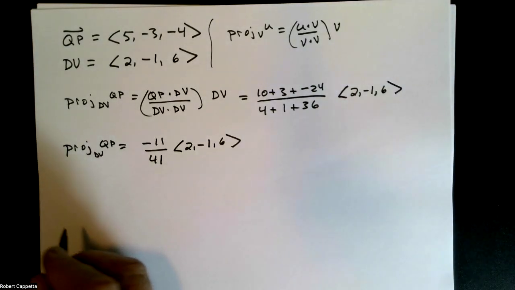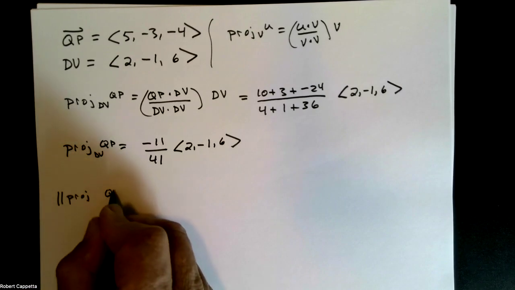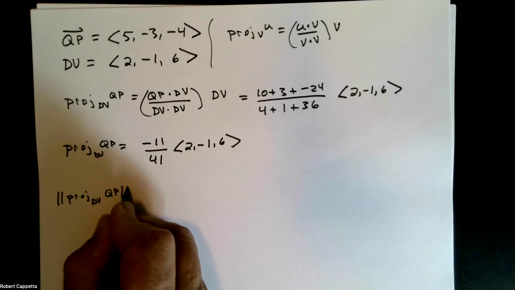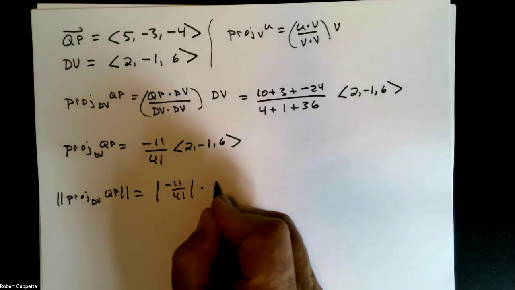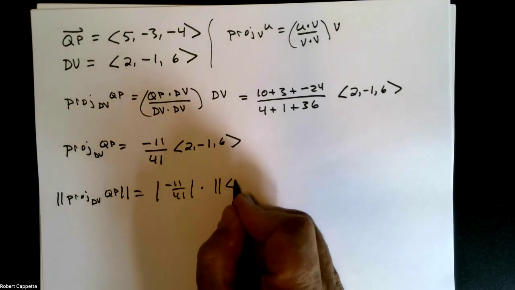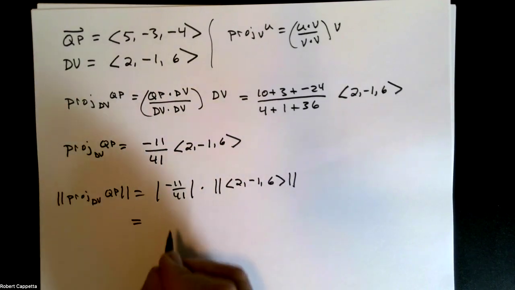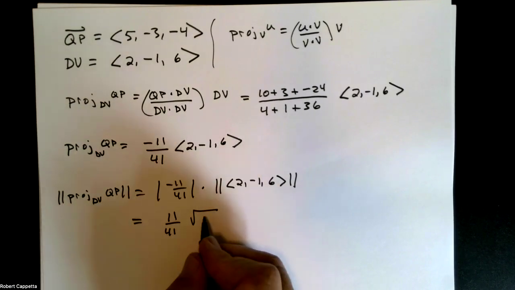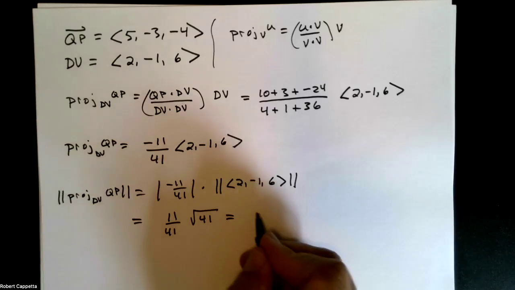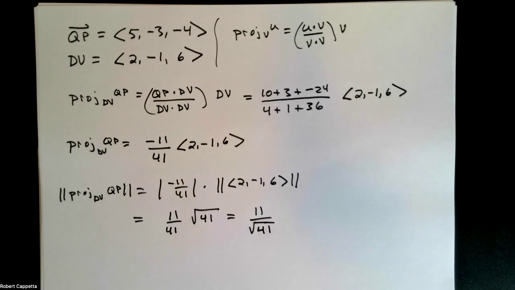So the magnitude of the projection of QP onto dV is the absolute value of -11 over 41 times the magnitude of (2, -1, 6), which is 11 over 41 times the square root of 4 plus 1 plus 36, root 41. So we get 11 over the square root of 41. So we have that length.